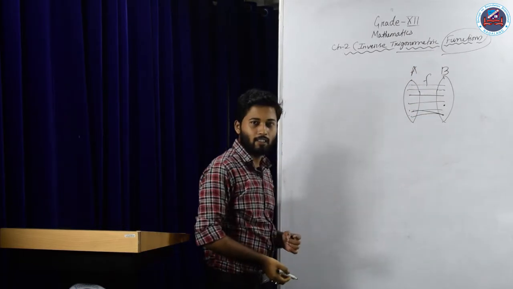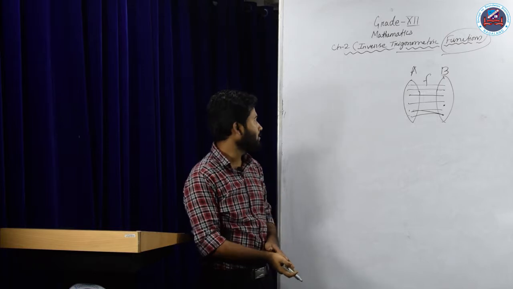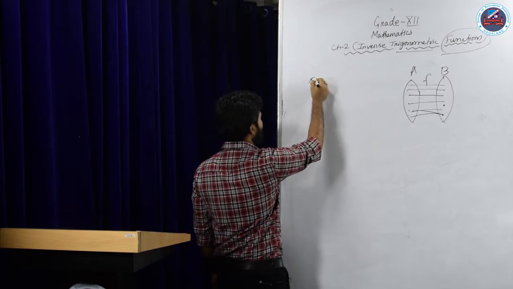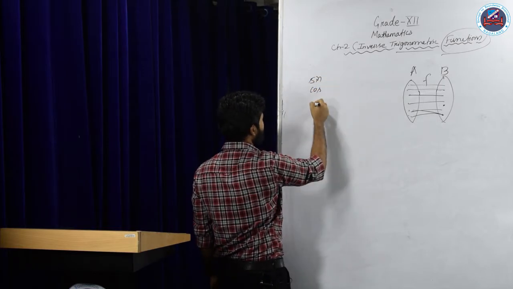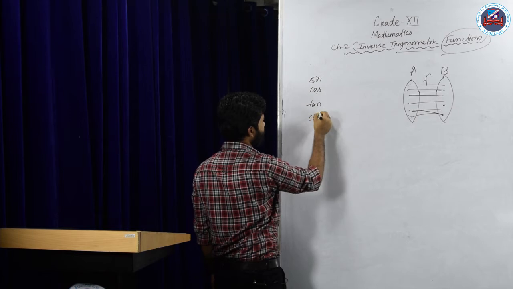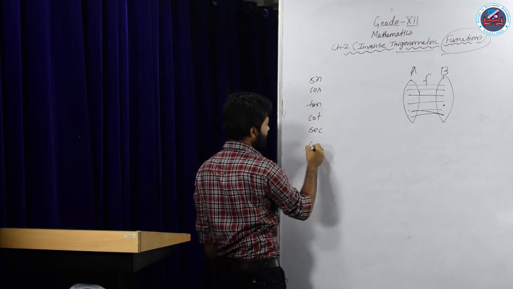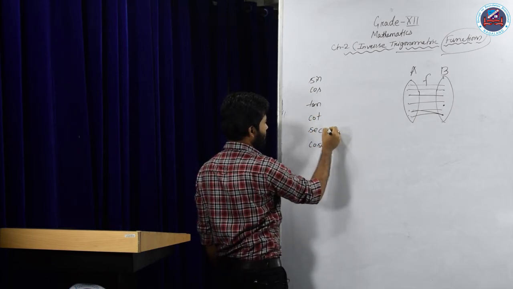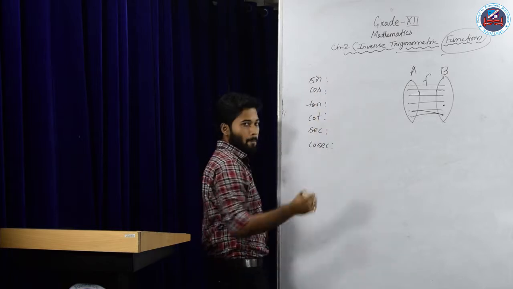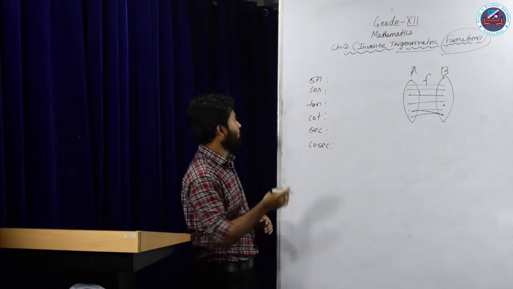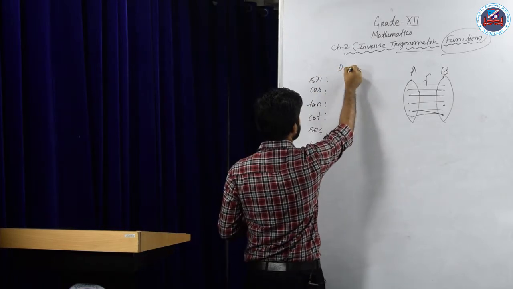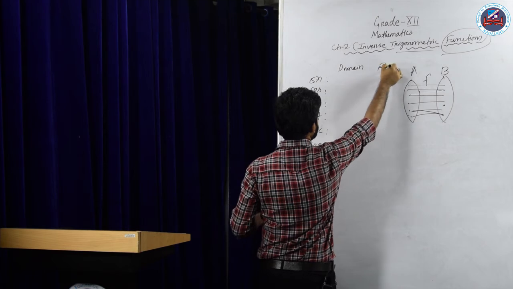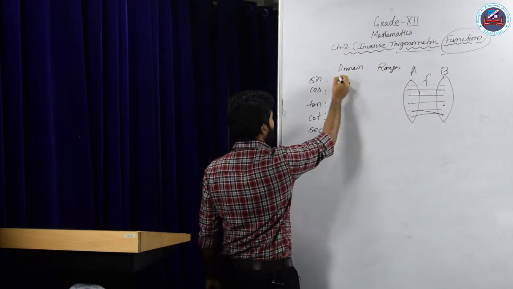The first thing you have got in your class 10 as well as 11 are the functions sine, cos, tan, cot, sec and cosec, and their domain and ranges. What is the domain of sine?